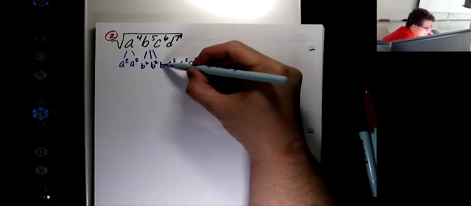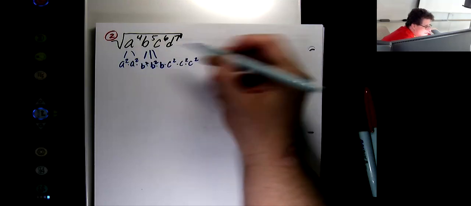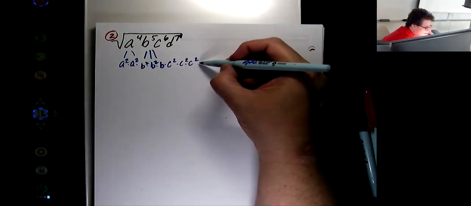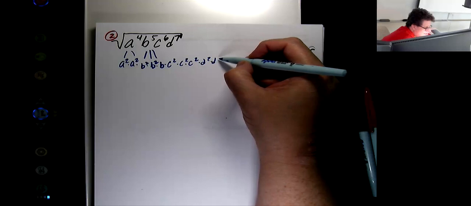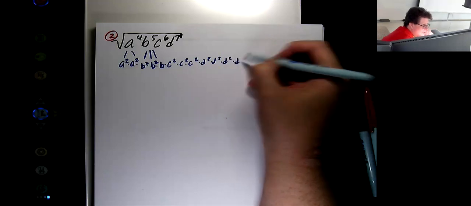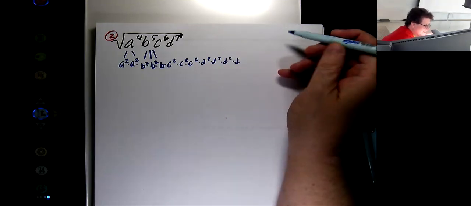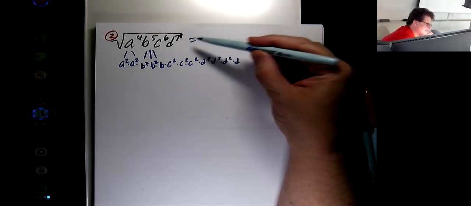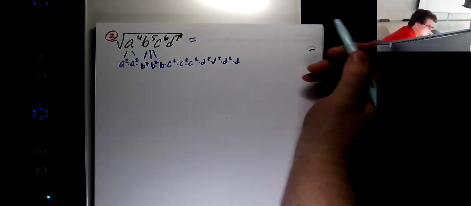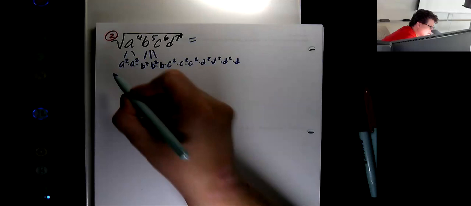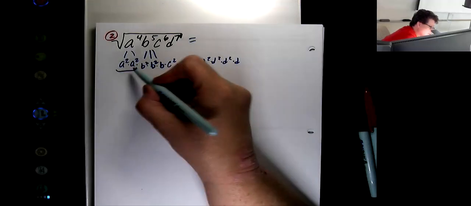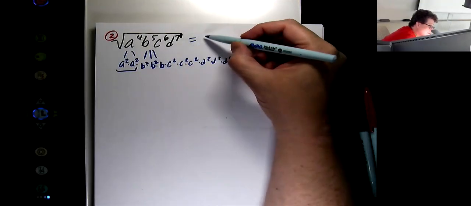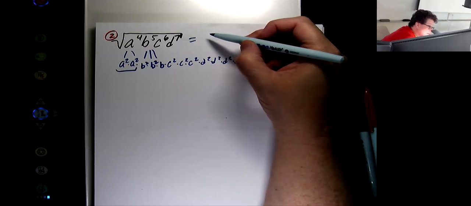And then D squared times D squared times D squared times D. Okay, and since it's a square root, we pull both A's out. So these come out. What do I put over here? A squared.